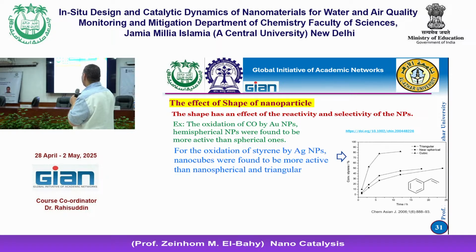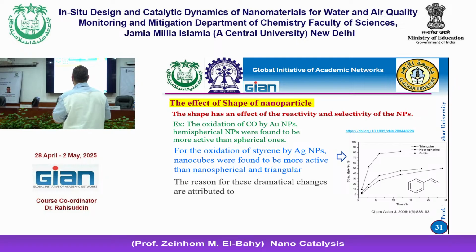Like in the case of the oxidation of CO by gold, hemispherical nanoparticles were found to be more active than spherical ones. In another example, silver nanocubes were found to be more active than spherical and triangular nanoparticles, as we can see in this figure, in styrene oxidation.